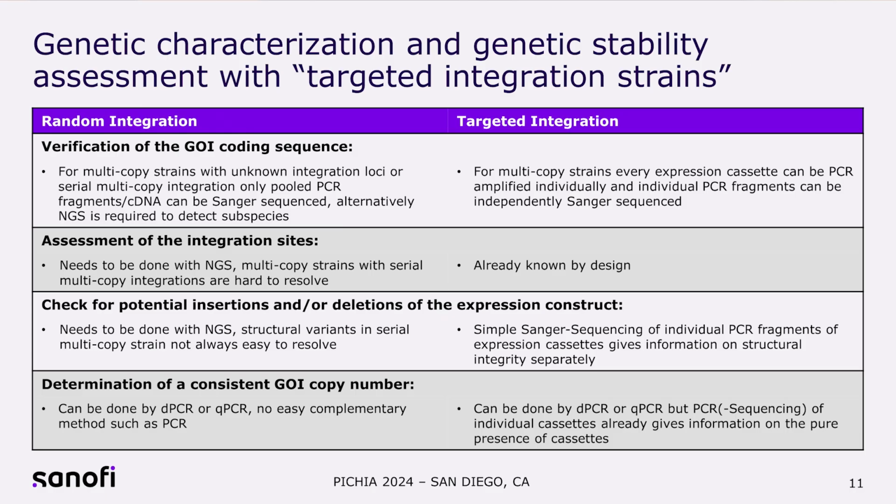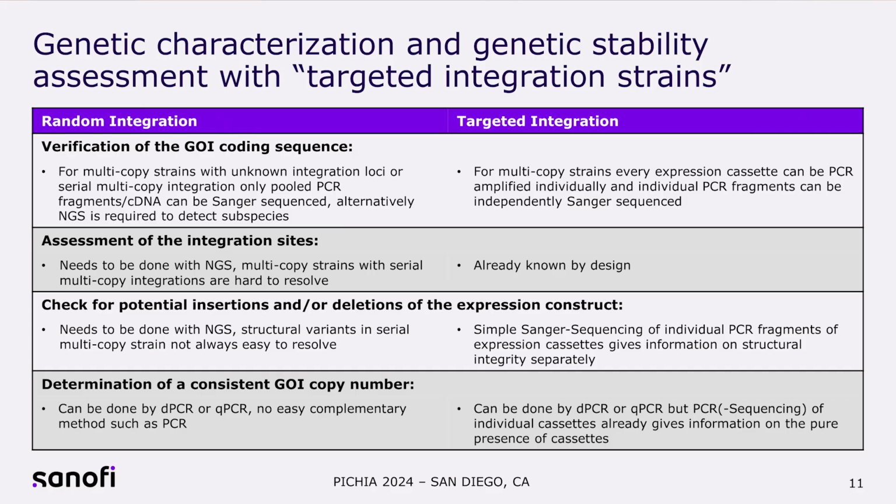If you compare that to strains that are engineered with targeted integration, it's pretty easy to assess all the individual expression cassettes individually. You can just PCR amplify the individual cassettes because the integration loci are already known by design. You have sites specifically integrated, you know where they are sitting, you can just amplify from genomic DNA, and you can pretty easily have a look at all the individual cassettes that you have integrated.